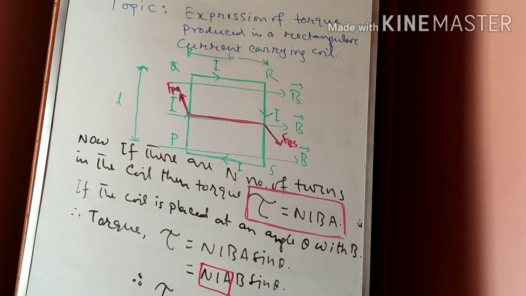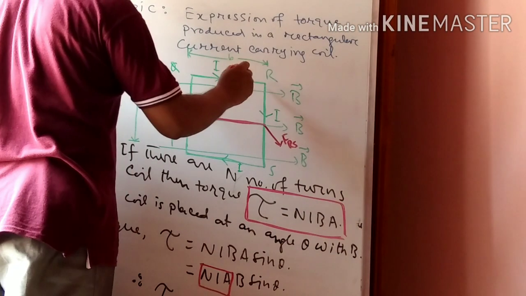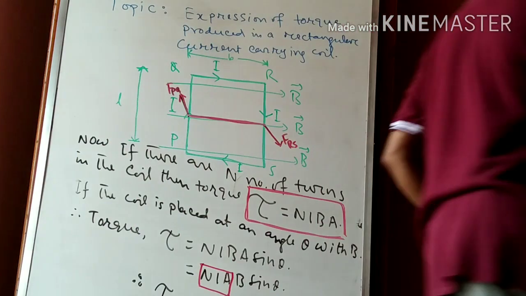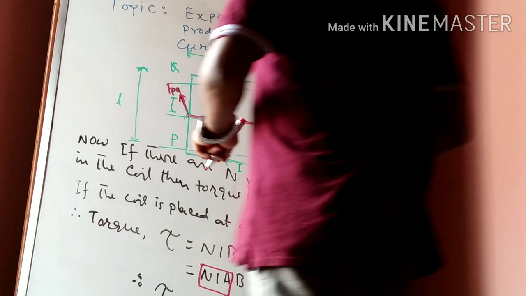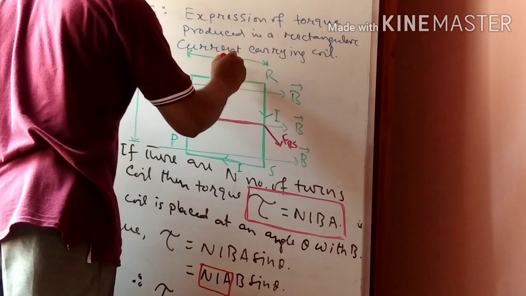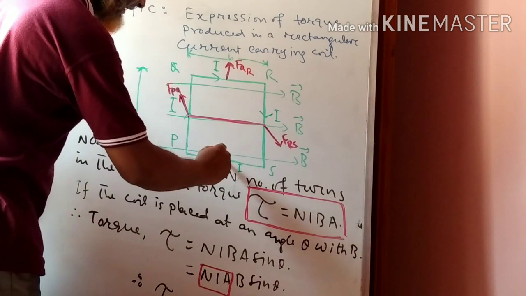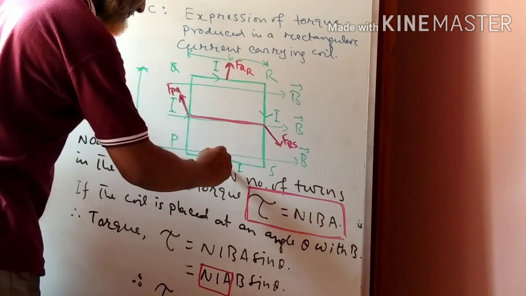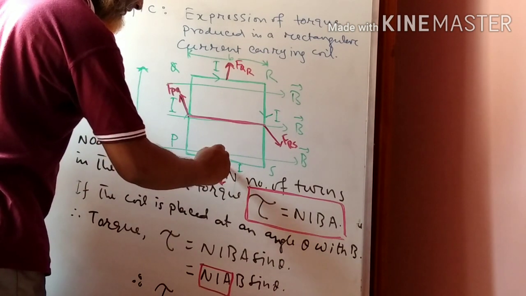Okay, my dear students, I want to show you the direction of another two forces. That is the force exerted on the side QR in this direction, FQR, and you see the force exerted on the side PS, SP, this one is SP.